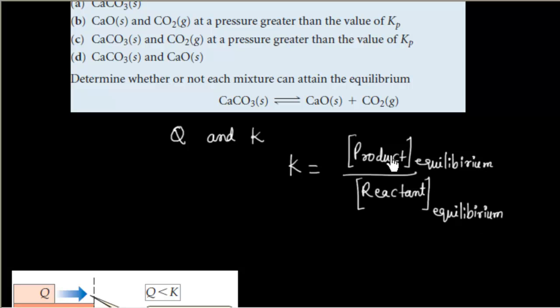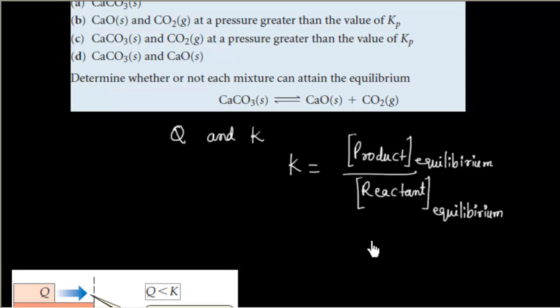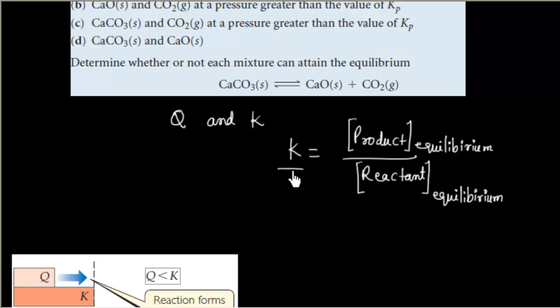That is, the equilibrium concentration of product divided by the equilibrium concentration of reactant, and this is known as the equilibrium constant.